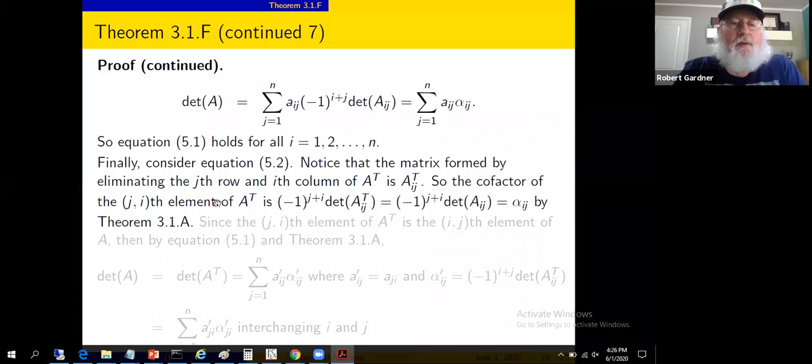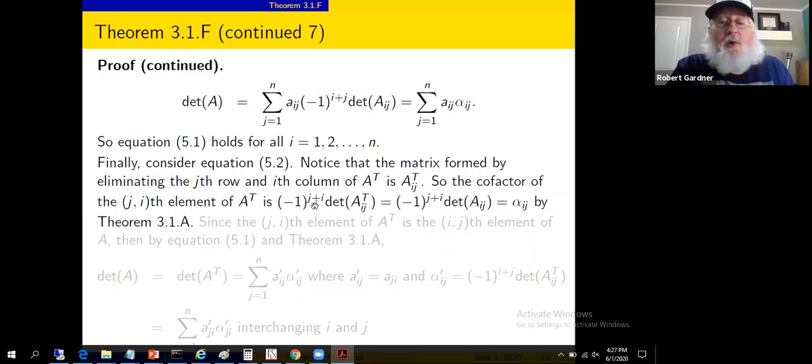Okay, so consider that second equation. We're going to do some stuff with transposes because that interchanges rows and columns, and we'll just keep up with the indices as appropriate. And this part, thankfully, isn't quite as bad. Notice that the matrix formed by eliminating the jth row and ith column of A transpose is A sub ij transpose.